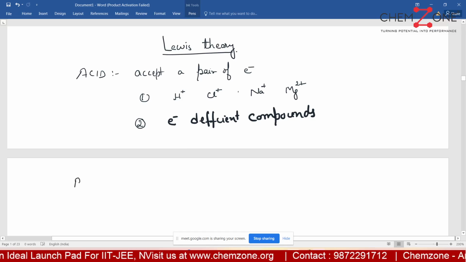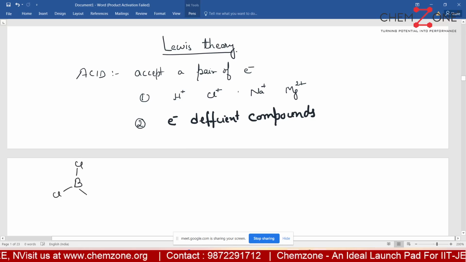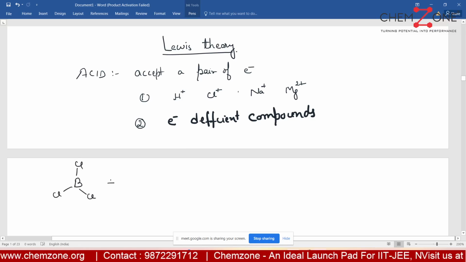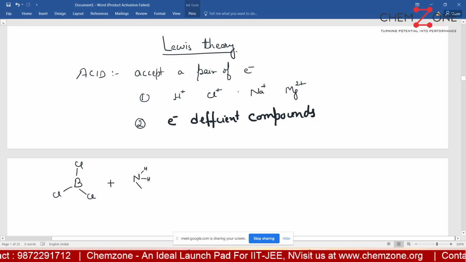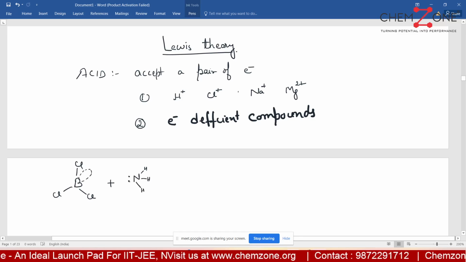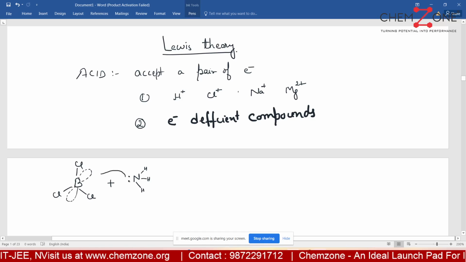For example, if I say boron trichloride, it does not have a complete octet. It has an empty p orbital. In that empty p orbital, ammonia is donating an electron pair.